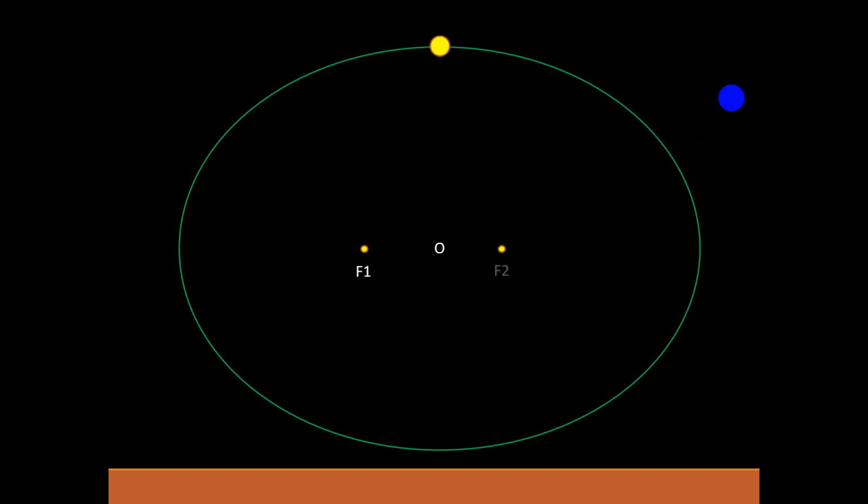F1, F2. So this is the semi-major axis A. So as mentioned earlier, major axis is the longest diameter of an ellipse and semi means half. Okay, the red line, the semi-minor axis B. Again, minor axis is the shortest diameter of an ellipse.